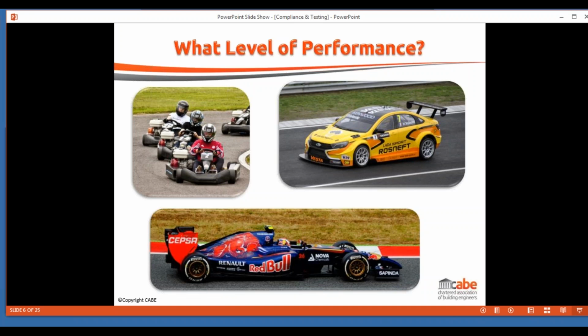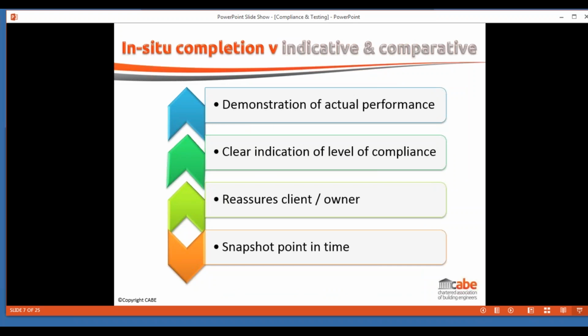Or are we looking at something at a much baser level that still does the job and performs as we need to and meets our basic statutory requirements?